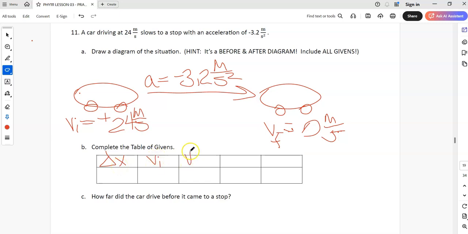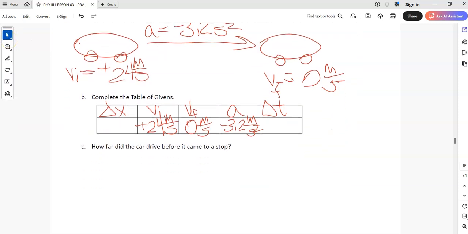We have an initial velocity, a final velocity, an acceleration, and a certain amount of time it takes. We know the initial is plus 24 meters per second. We know our final is 0 meters per second, and we know our acceleration is negative 3.2 meters per second squared. Remember, that's our unit for acceleration, plus or minus meters per second squared.